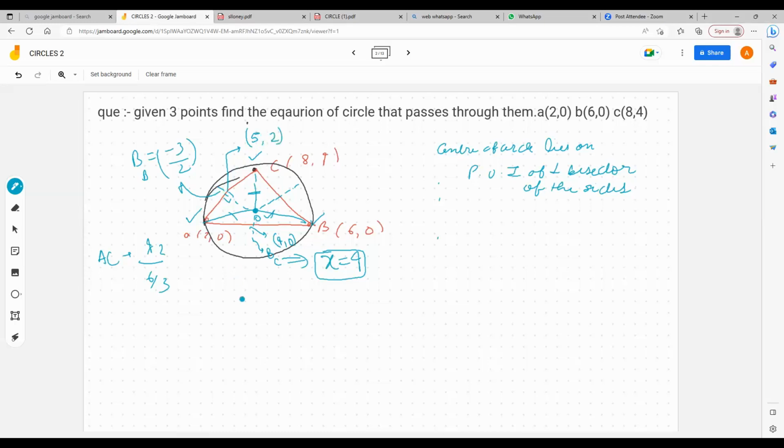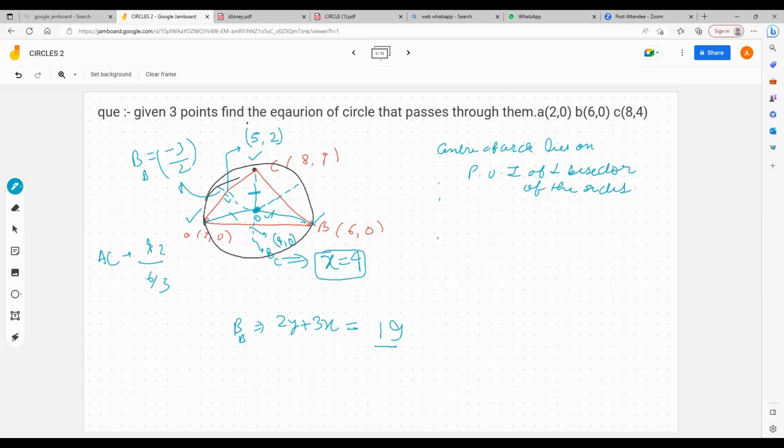Okay. So if we write the equation of the bisector BB, what will it be? The slope is minus 3 by 2, so it will be 2y plus 3x equals, now put the values 5, 2 in it, and we get 15 plus 4, 19.